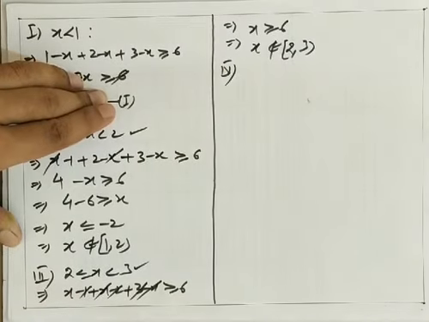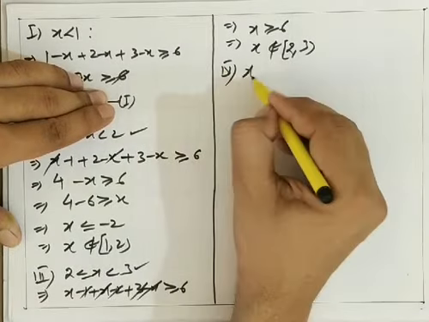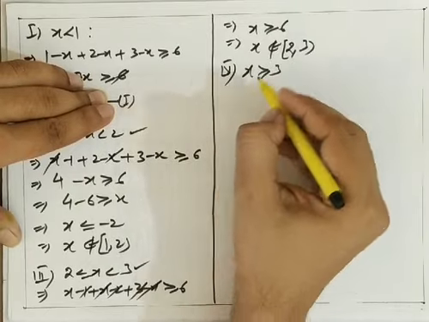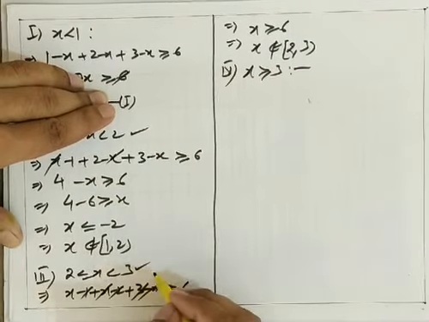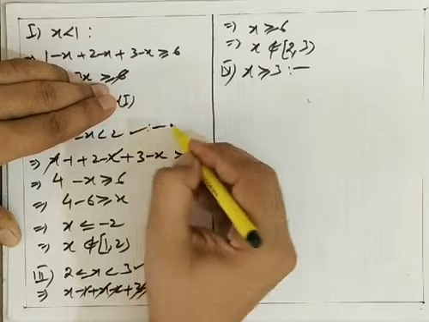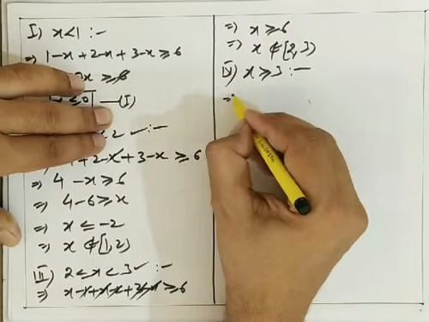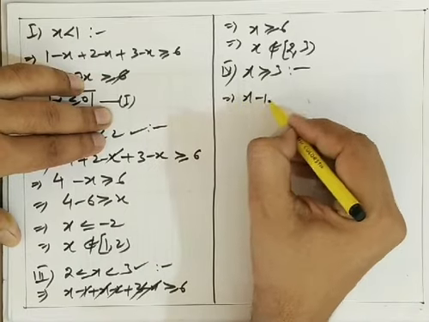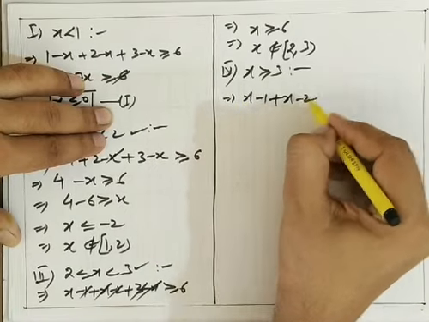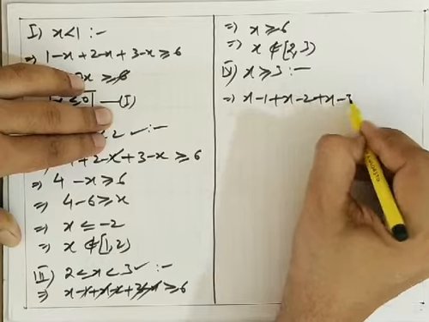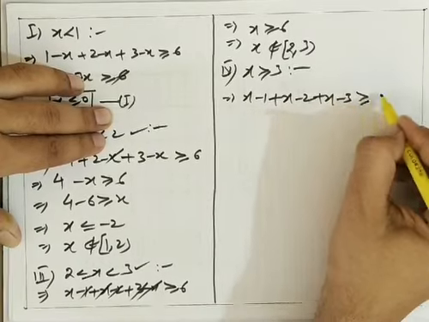The fourth case is x greater than or equal to 3. Here the inequality formed was x minus 1 plus x minus 2 plus x minus 3 greater than or equal to 6.